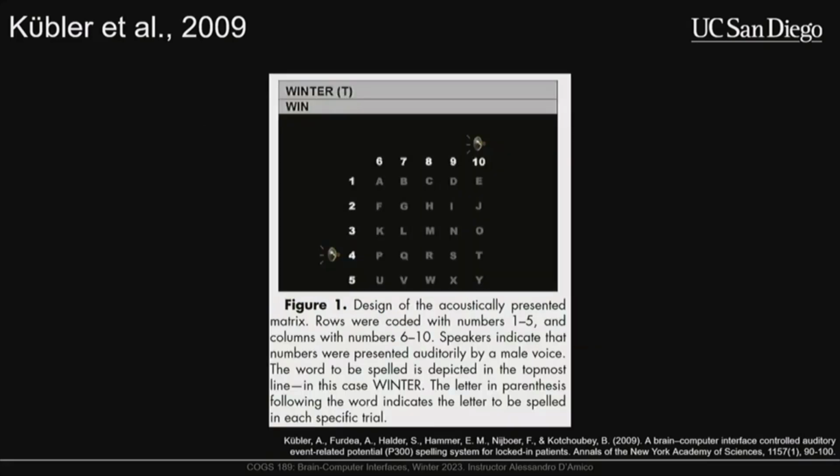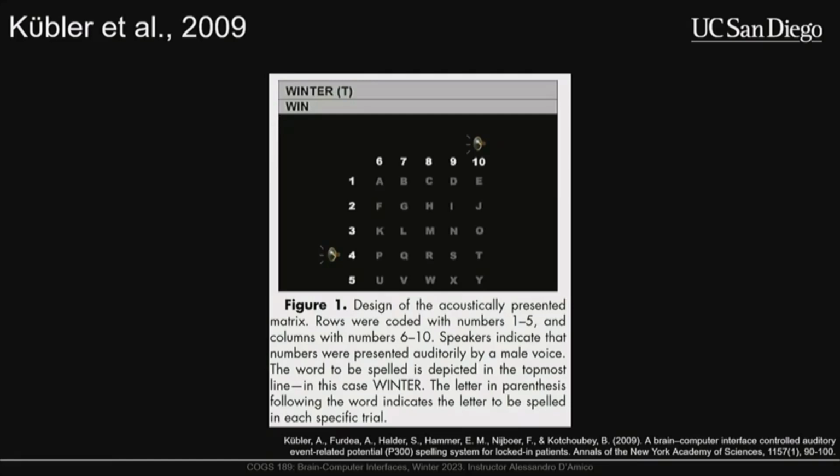They were inspired by the classic grid speller, and in this case, they say that they just used auditory stimuli, but they did have this visual aid for participants. And what they did is, rather than spelling out individual characters one by one, they mapped every row and every column to a number. In this case, the rows are numbers 1 through 5, and columns are numbers 6 through 10.